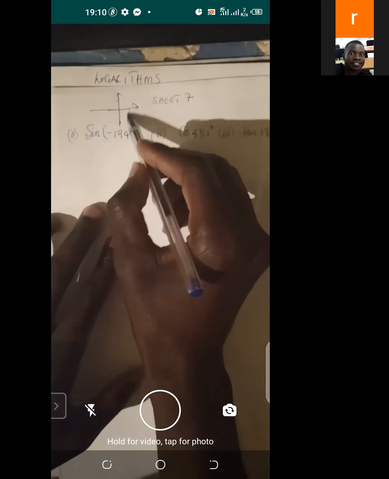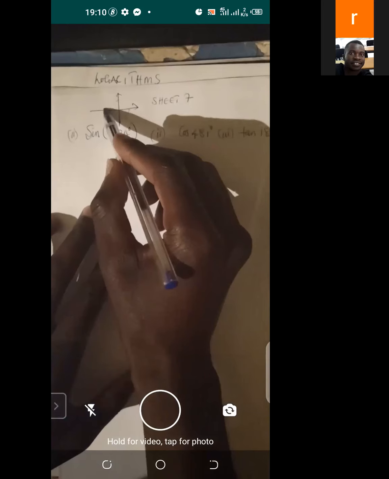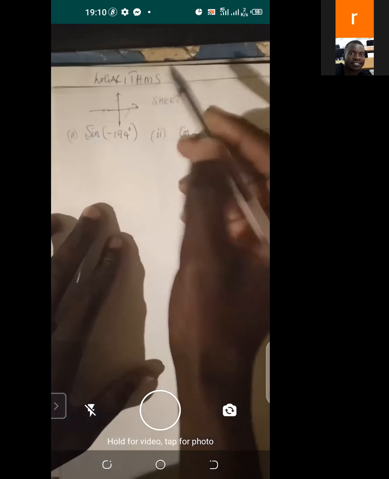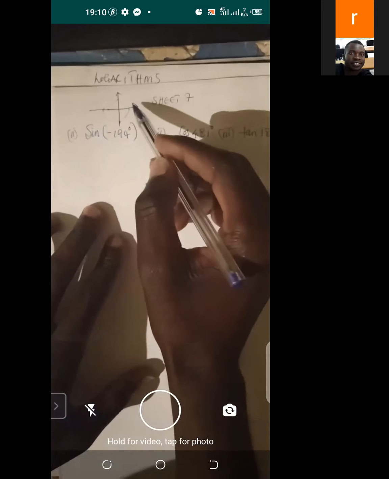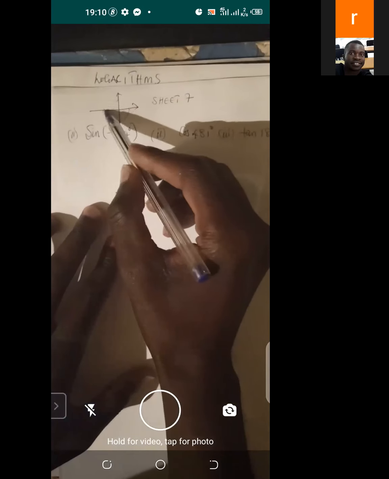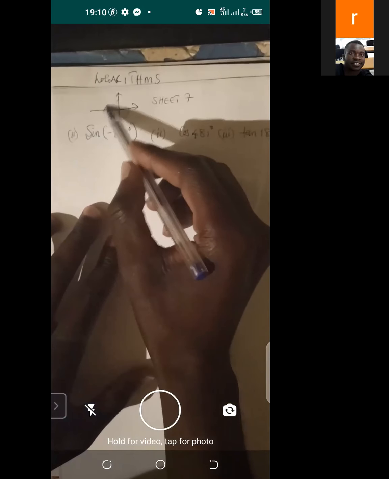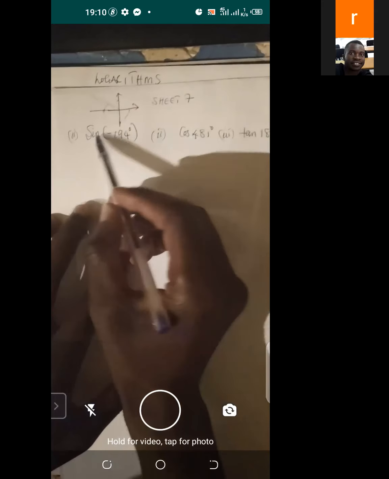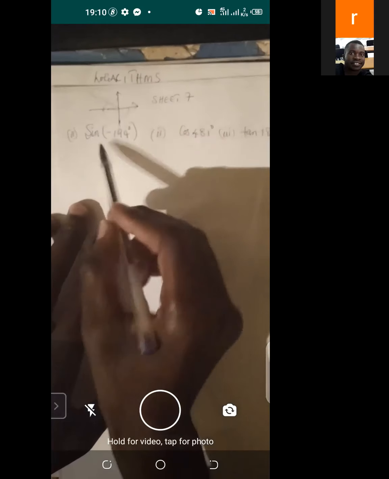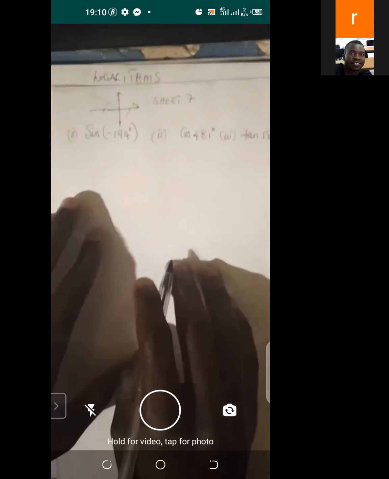It starts from here, that is minus 180, then you get minus 14 degrees there. So 194 lies in the second quadrant. But what happens to the sine function in the second quadrant? It is positive. So this value should be positive.